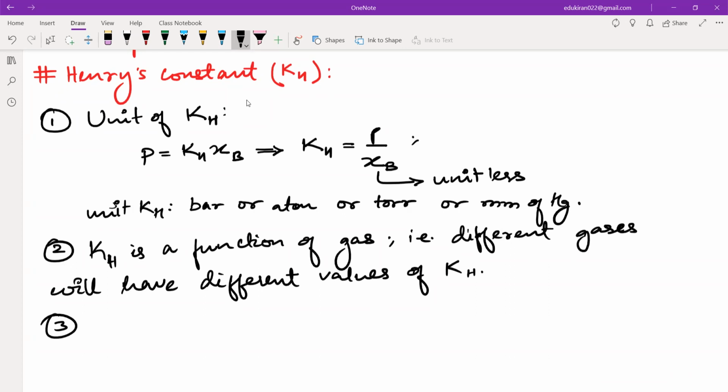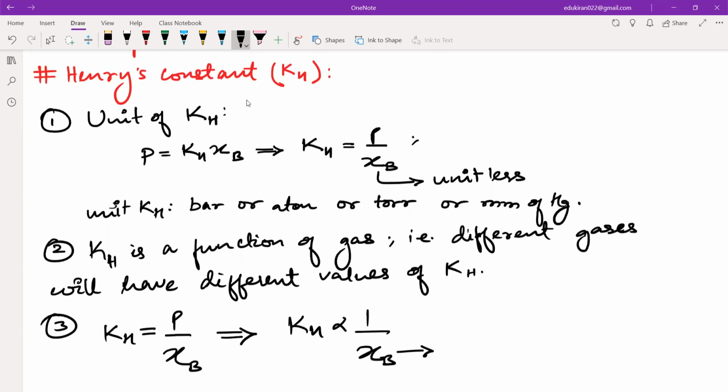Third point. Now please listen carefully, don't write anything now. If I have KH, you know it is equal to pressure upon mole fraction. So I can imply that if I take pressure as constant, KH is inversely proportional to chi B. Yes or no? Clear?